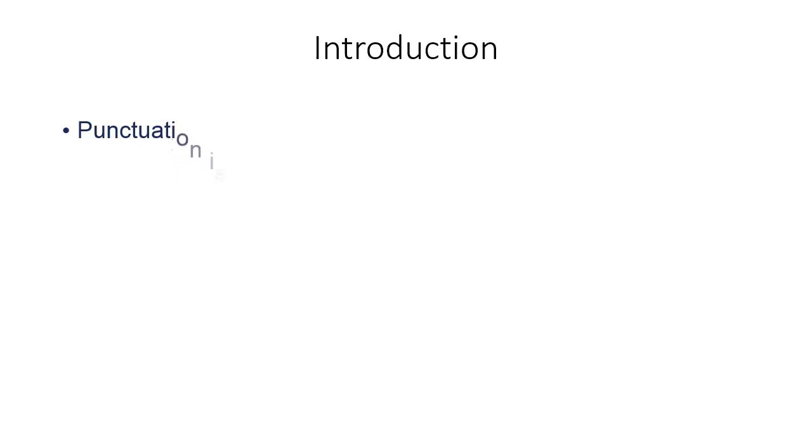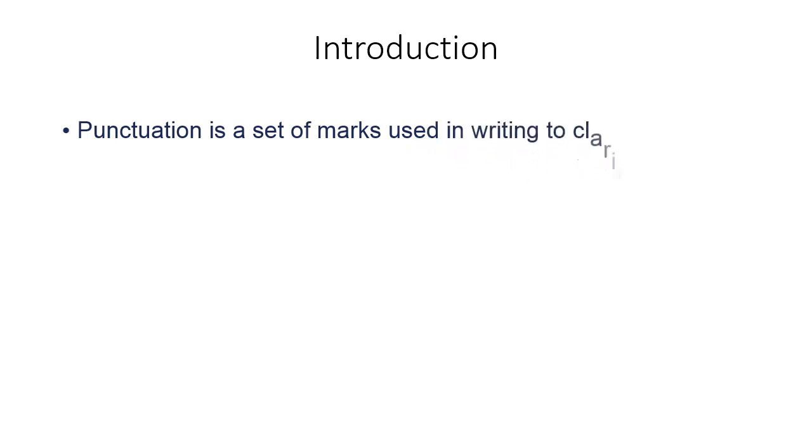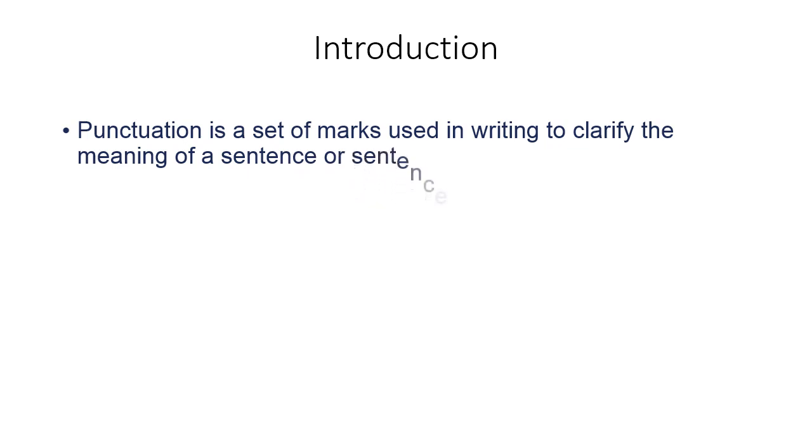Punctuation is a set of marks used in writing to clarify the meaning of a sentence or sentences. So basically, punctuation is a set of marks used in writing to clarify the meaning of a sentence or sentences.